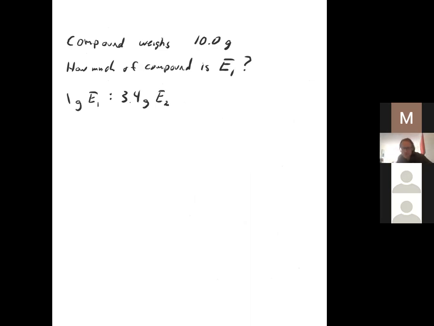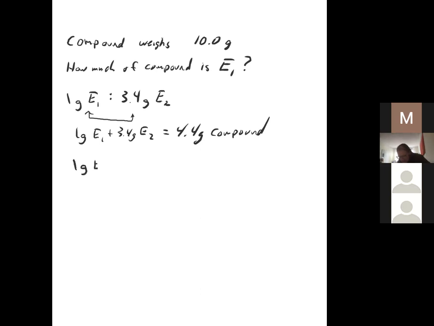So here's what I'm going to do. I'm going to say, okay, suppose we put these two elements together. How much would it weigh? Well, that would be 4.4 grams, right? So that's your compound. So now I'm going to say, how much does element 1 weigh out of the total?